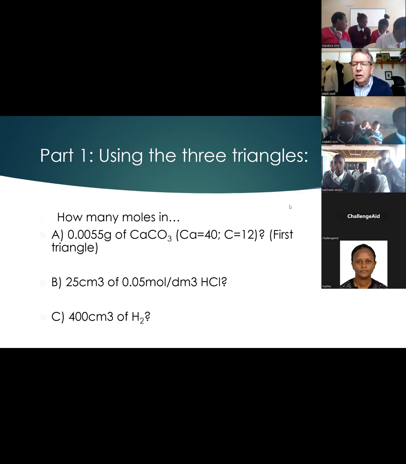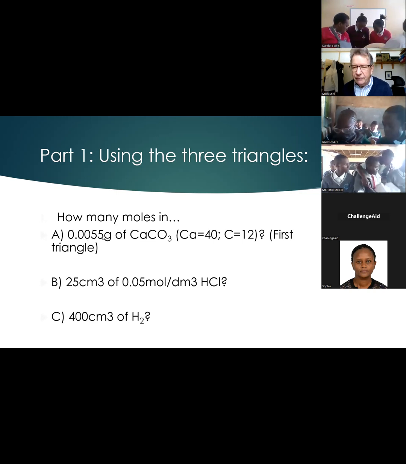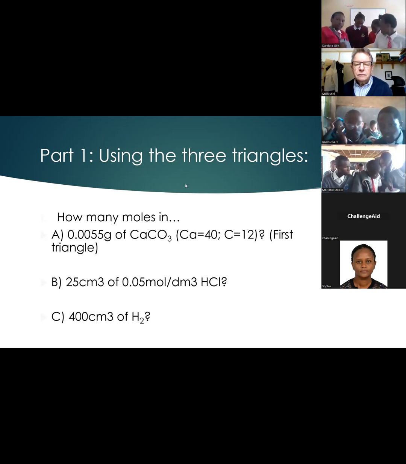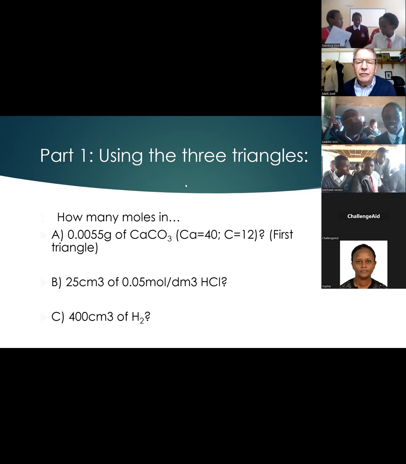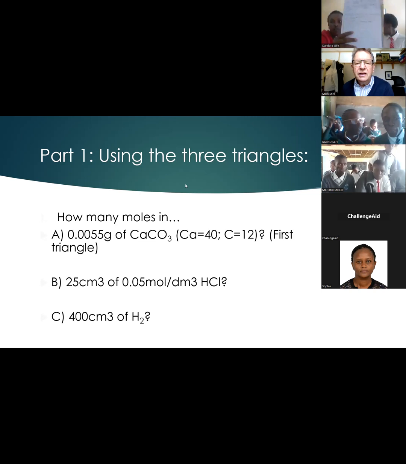So the first one is going to be a very small number because we're starting with 0.0055. What's the RMM of CaCO3? Who can tell me what the RMM of CaCO3 is? Anybody? Switch on your microphone if you want and just tell me what the RMM of calcium carbonate is.